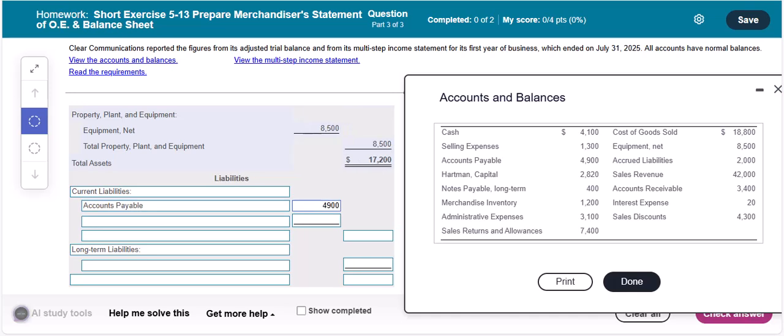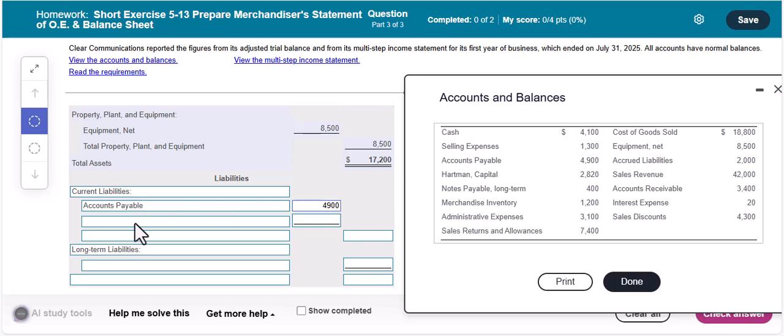The definition of a current liability is something that you expect to pay within the next 12 months. Let's see if we have any other current liabilities. So we have accrued liabilities for 2,000. So accrued means it's accumulated but not yet paid, and the most common example of this would be wages or salaries payable.